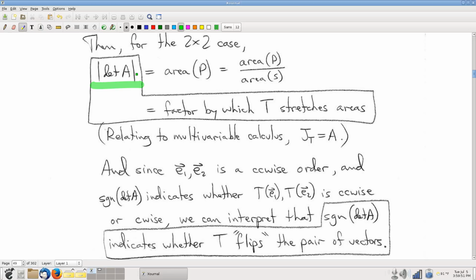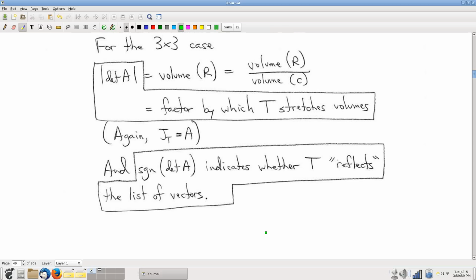The absolute value of the determinant is an area stretching factor. The sign of the determinant is an indicator of whether there's a flip. For the 3x3 case, the absolute value of the determinant is a volume stretching factor, and the sign is an indicator of whether or not the function reflects.